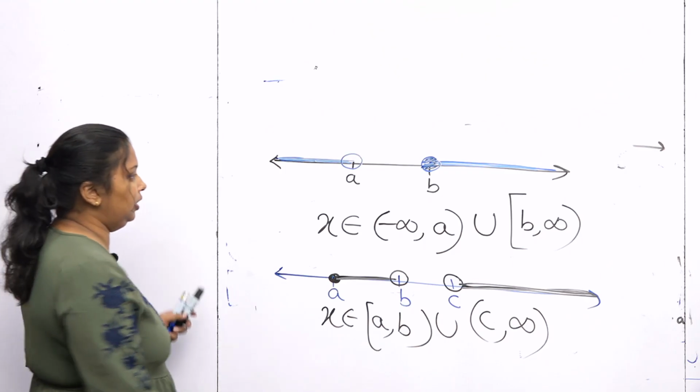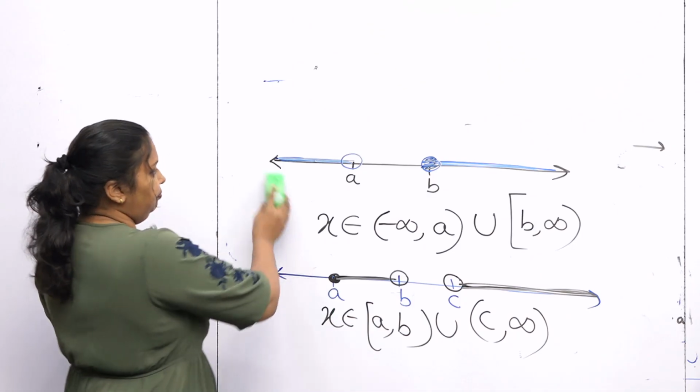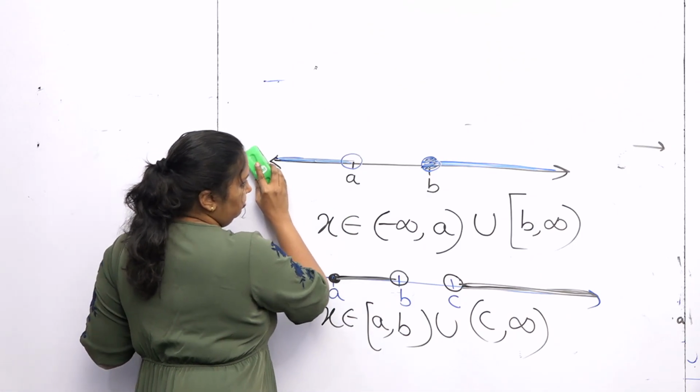Right, now I will give two shaded regions and you have to write the intervals. Some examples, let's do.